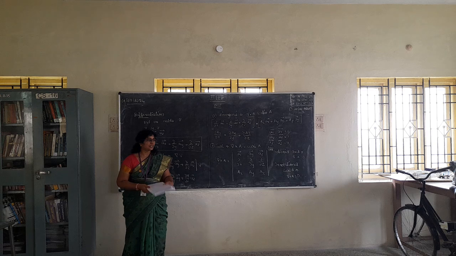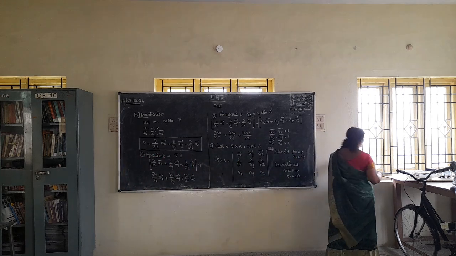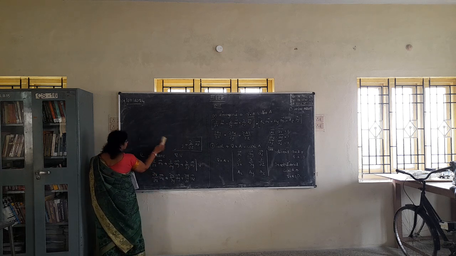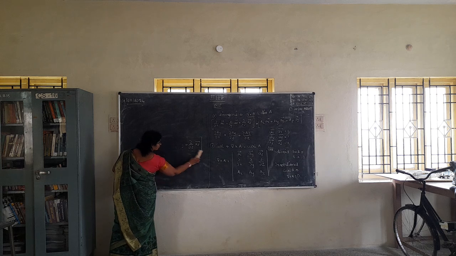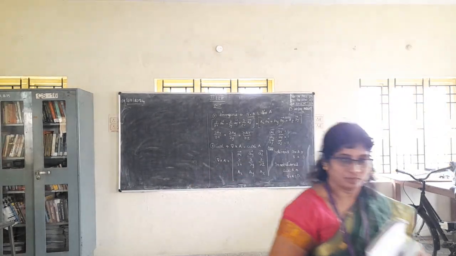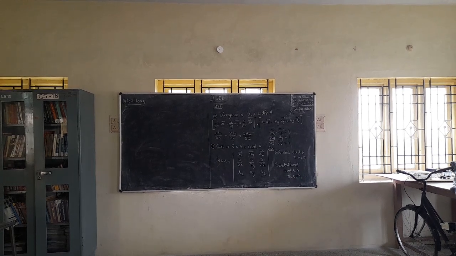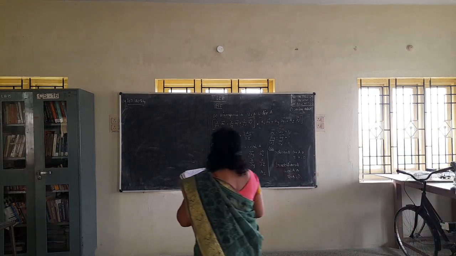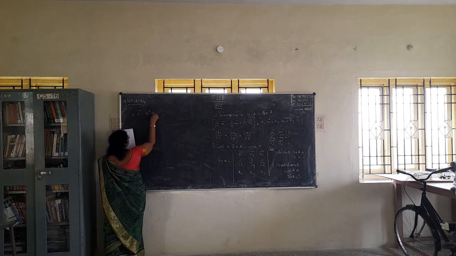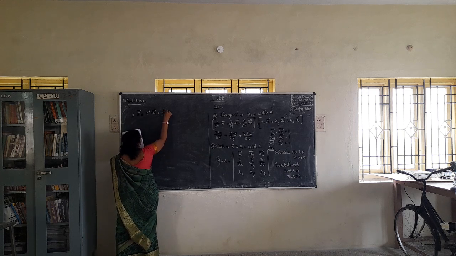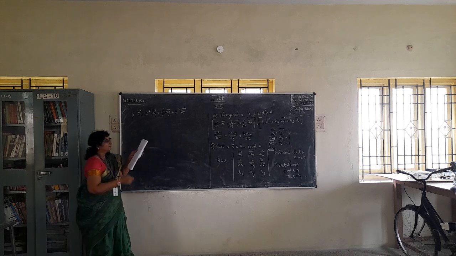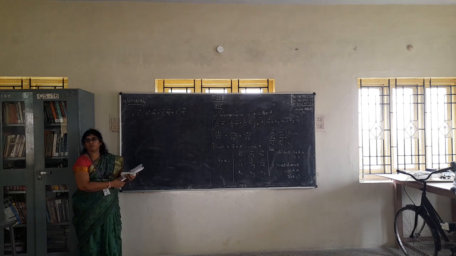Problem. Take note, if f vector is equal to x square ax vector plus y square ay vector plus z square az vector, then find divergence of f and curl of f.